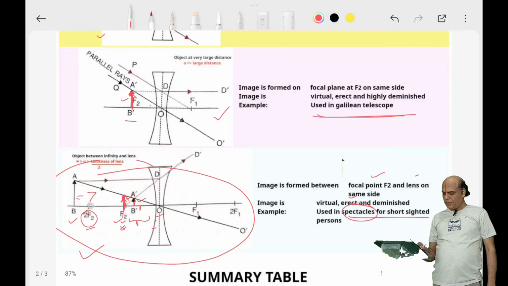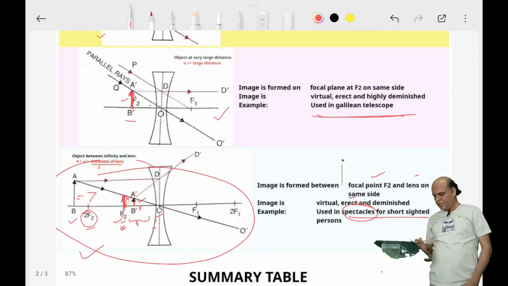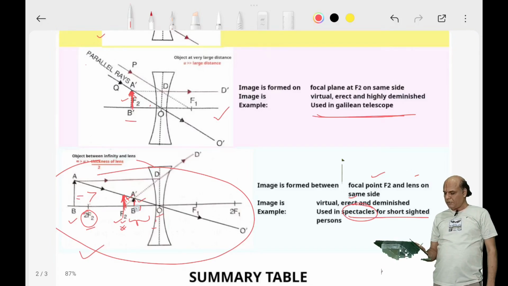If you bring the object to the focal point, the characteristics of the image remain the same, and the image is formed again between the focal point and lens, but at the midpoint of the focal length.